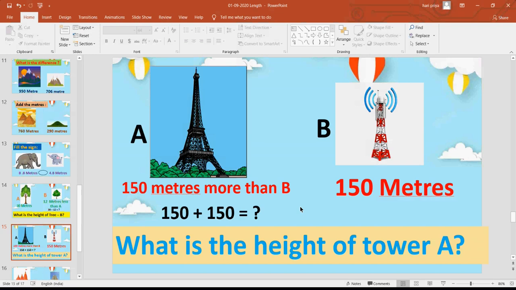Let's wait for 2 minutes. So 150 meter plus 150 meter is equal to 300 meter. So the height of tower A, that is the height of the Eiffel Tower, is 300 meter.